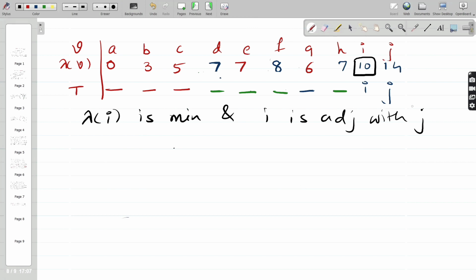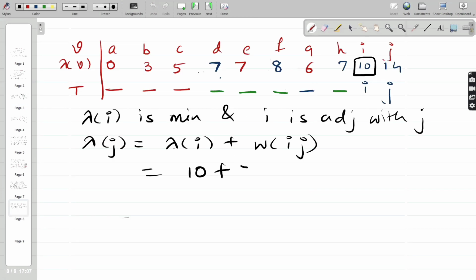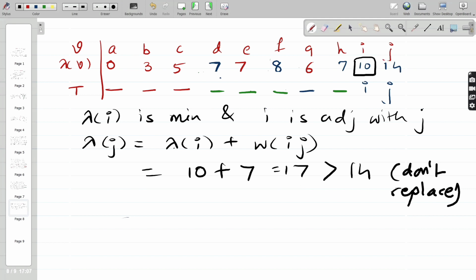So we can find out the label of J using the label of I. So lambda of I is 10 plus, let us see what is the weight of Ij. Weight of Ij is 7. So 10 plus 7 is equal to 17, which is greater than 14. So naturally, we should not replace it. Obviously, we should not replace this distance.